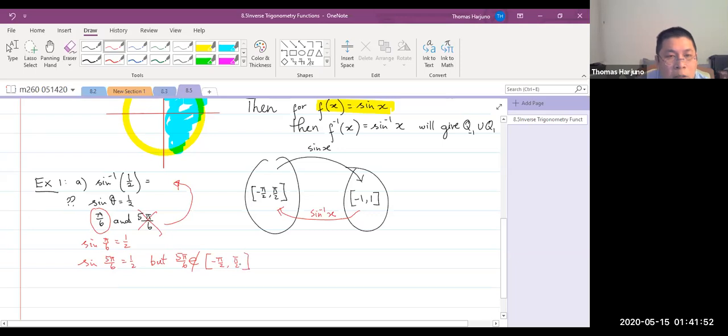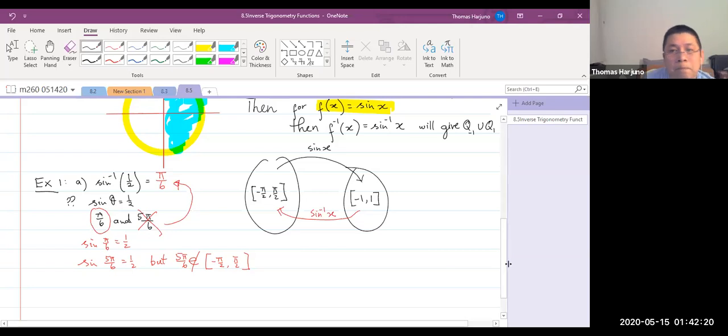Remember, the sine inverse is a function that has to be 1 to 1. So if you have two solutions, you need to choose only one of them. When we choose only one of them, it has to fall into the interval according to our convention. And the convention is quadrant negative 1, quadrant 1. Therefore, the solution here will be pi over 6, not 5 pi over 6.